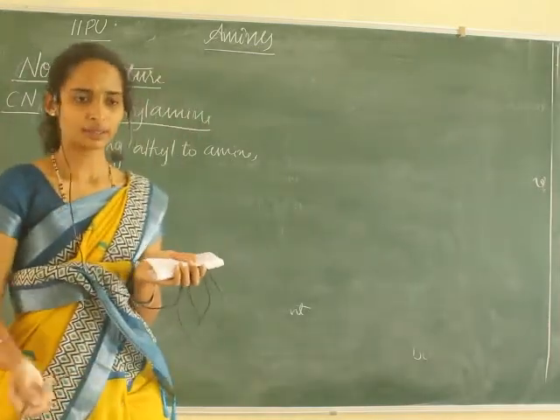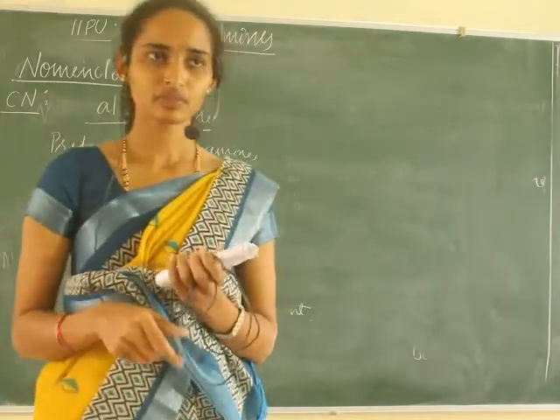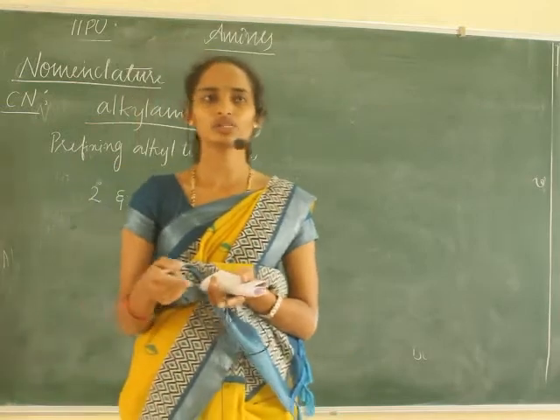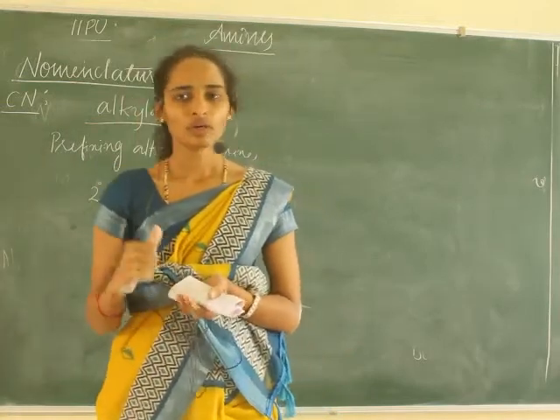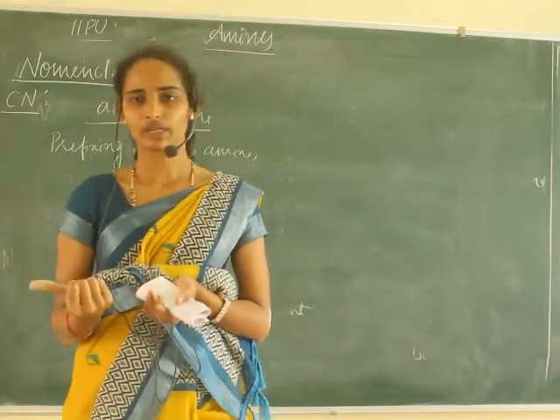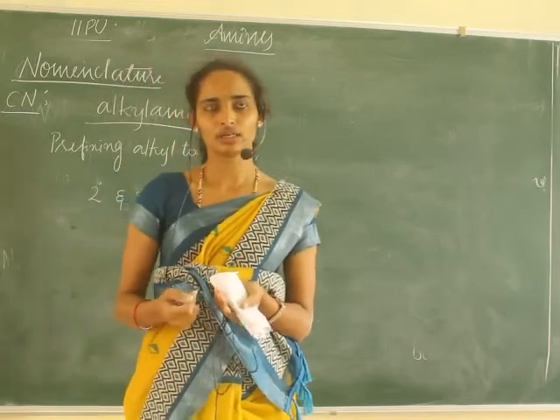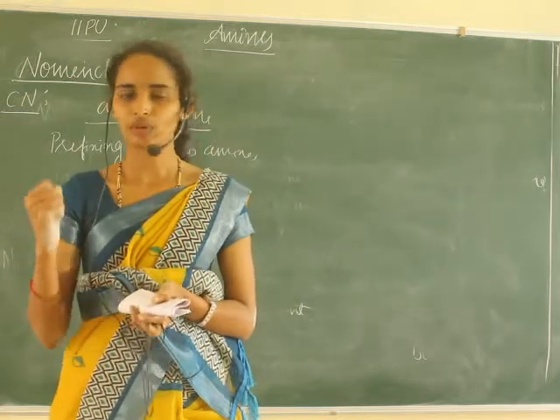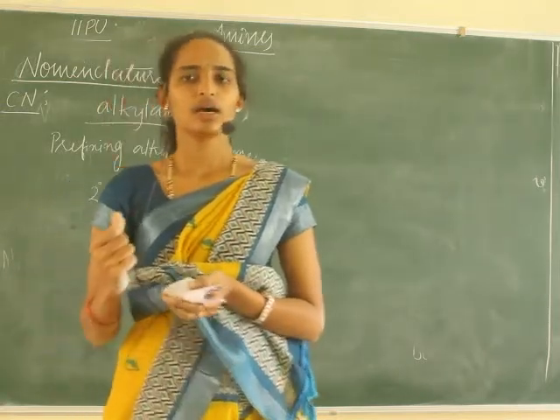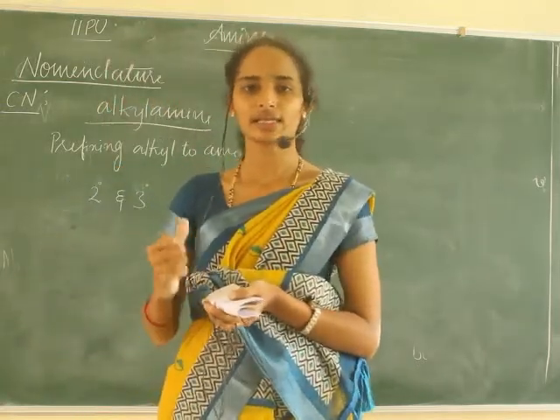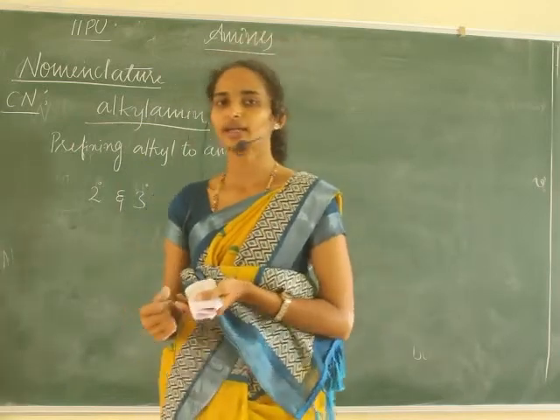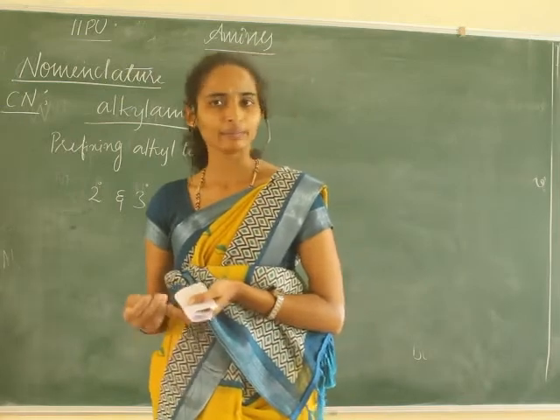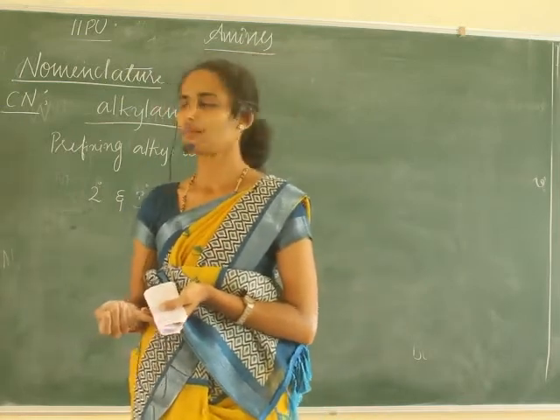If the alkyl groups are different, then we name them in alphabetical order. If the alkyl groups are the same, then in the common system we also have to use multiplicative prefixes, that is di or tri. Diethylamine, right? Triethylamine, dimethylamine, like that.